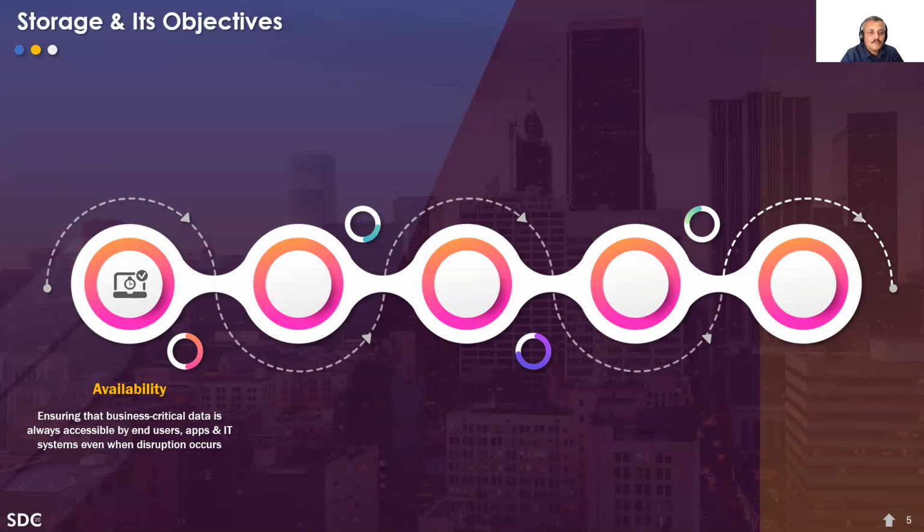But let's look at the objectives with which the storage industry moved forward all along. The objectives were maintaining availability, so that data is available to mission critical or business critical applications all around. The system should be capable of tolerating hardware failures.